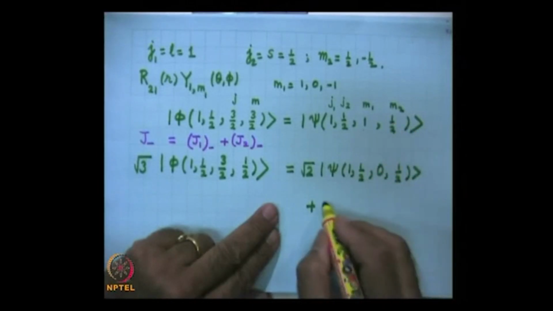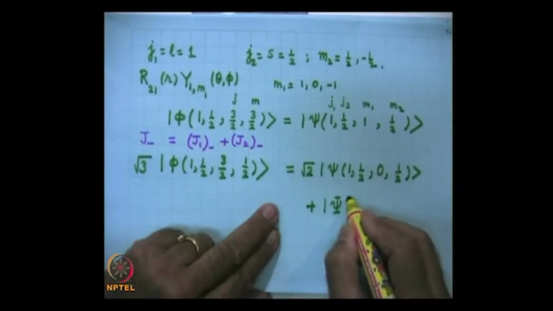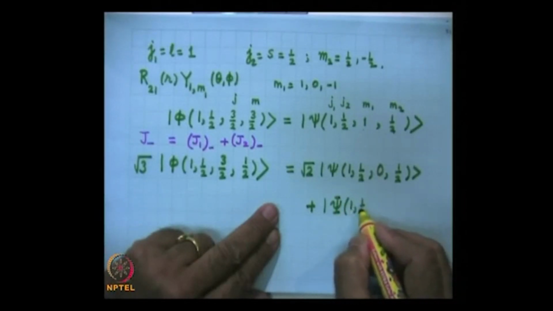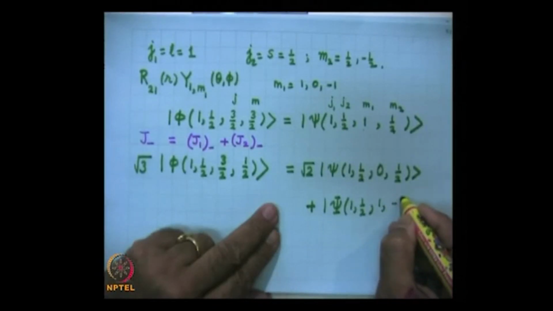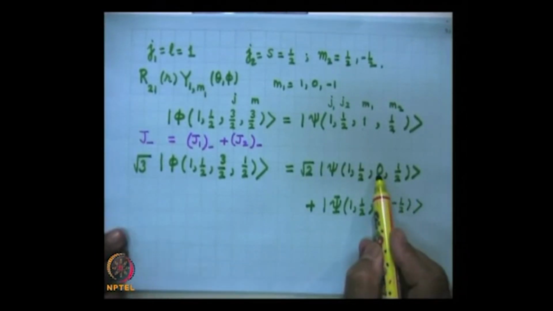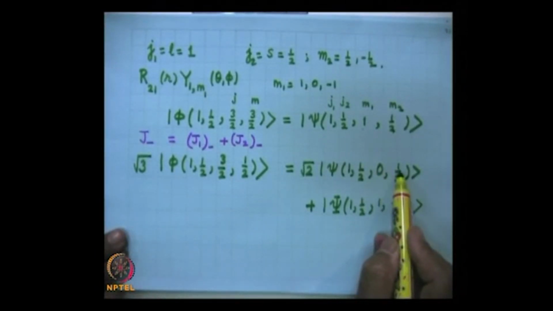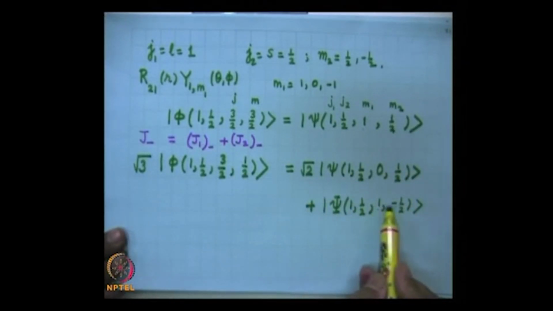So, that is just 1. So, this will be psi 1 half, this will be 1 and this will be minus half. So, please see, M1 is 0, M2 is half. So, M is half automatically, M1 is 1.